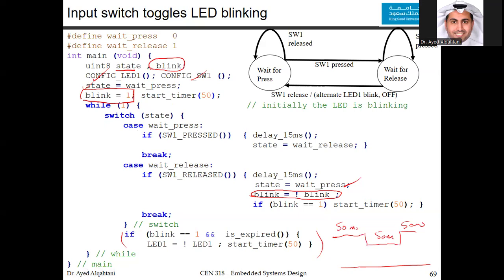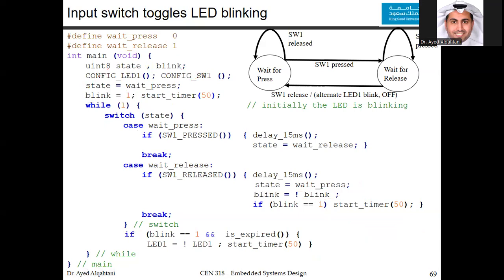And I added this example to show that you don't only work with the cases for actions, you could also work outside the switch for certain conditions. If you have, for example, the output has many types or many configurations.